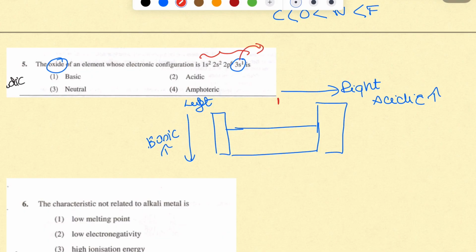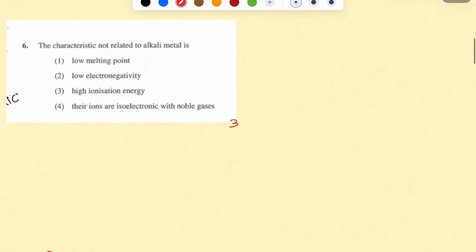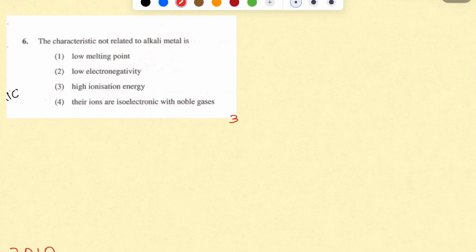The electron is filled in the S orbital, so it belongs to S block. We know towards the left side it is basic and towards the right side it is acidic. So this element belongs to S block and it is basic in nature. So the answer is 1.